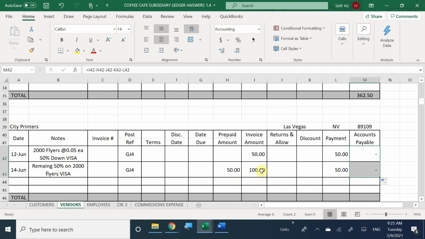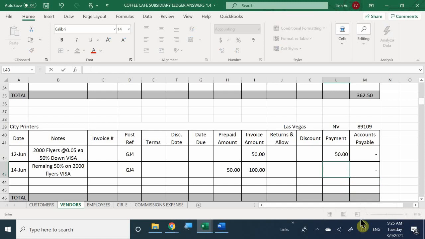Now notice this. If I didn't make a payment, right, I owe $50. Okay, so that's how the formula works, is you're taking the original amount or your invoice amount, and everything that is affecting it would be your prepaid accounts, your returns and allowances, discounts and payments. Those subtract from your actual original invoice.